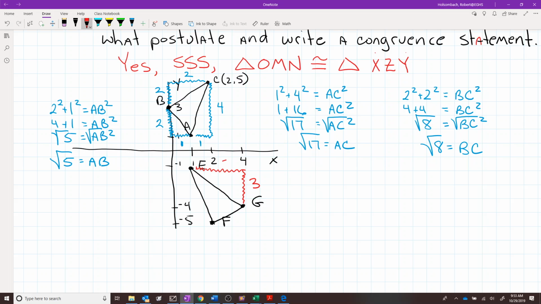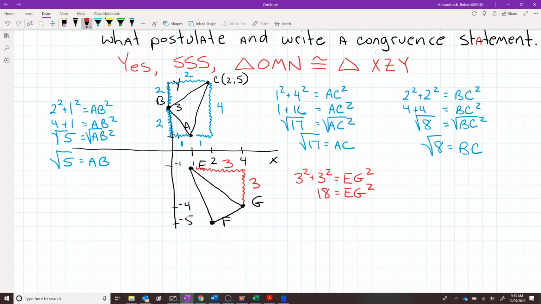So that side is 3. So 3 squared plus 3 squared is going to equal EG squared. So 3 squared plus 3 squared is going to be 9 plus 9 is 18 equals EG squared.